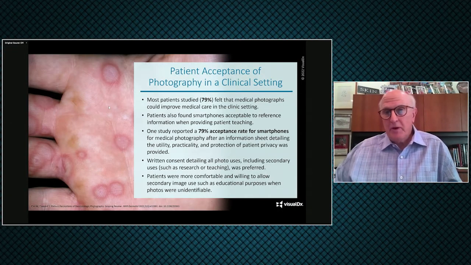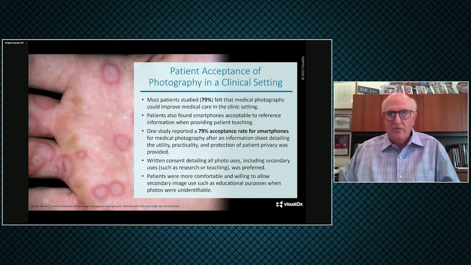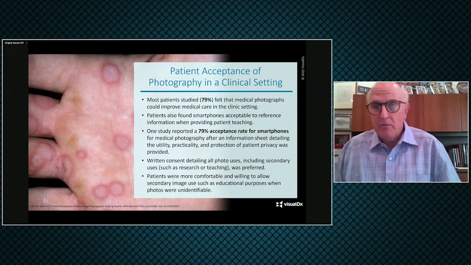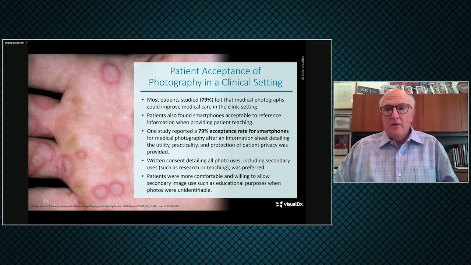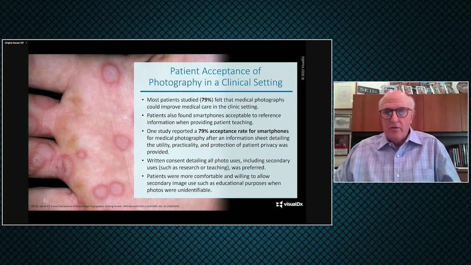So most patients in these studies, maybe it's a different study that we're referencing at the bottom, have felt that medical images could improve their medical care in the clinical setting. They have found that smartphones are acceptable as long as you're talking to them about it and telling them where their photographs might become available.